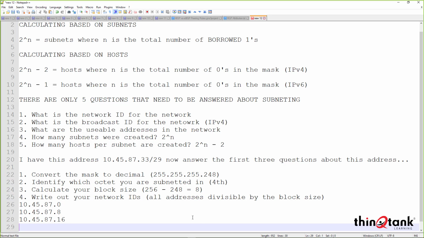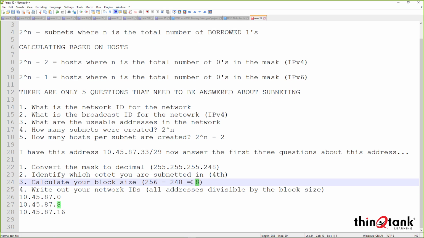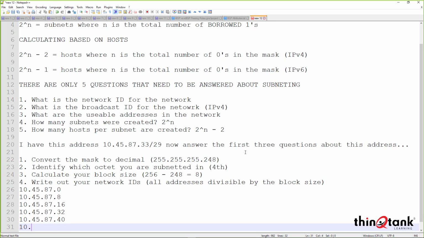The block size actually tells me the size of my networks. And because the very first address is always the network ID, all I have to do is keep adding 8 each time, and I'm going to get every single network. 10.45.87.32, 10.45.87.40, 10.45.87.48, and so on.